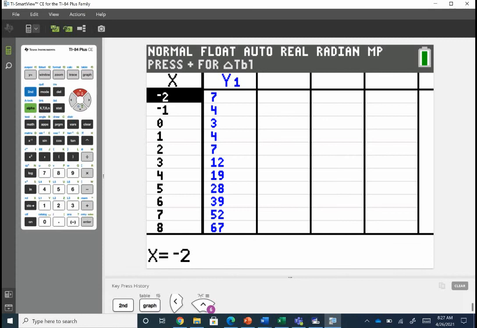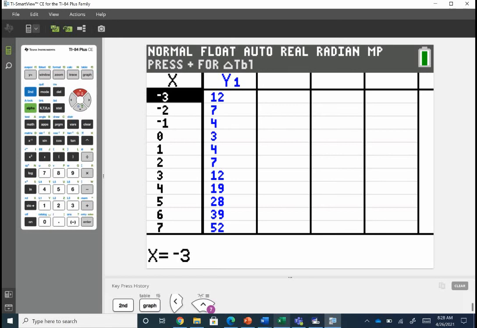Then on either side of 3, the y values are both 4s. And then if I go to the other side of the 4s, I have 7s. If I arrow up a little more, now I've got 12s. So if we fold this table in half at 0, 3, the two sides of the table would match up perfect. So if you find that place on your table, you have found your vertex. So 0, 3 is going to be my vertex.